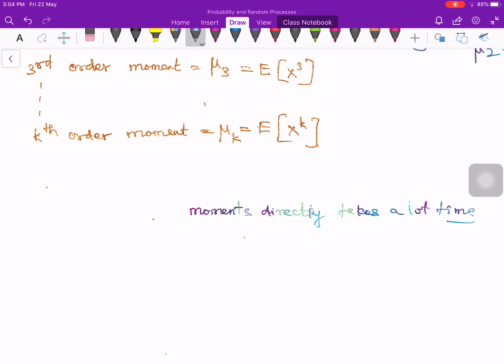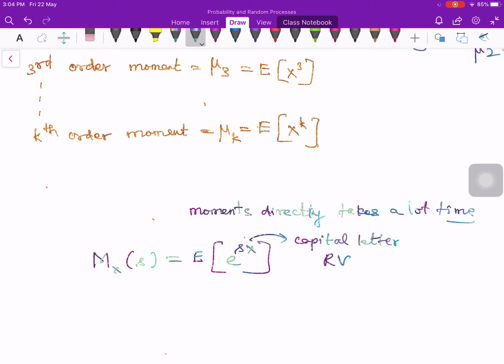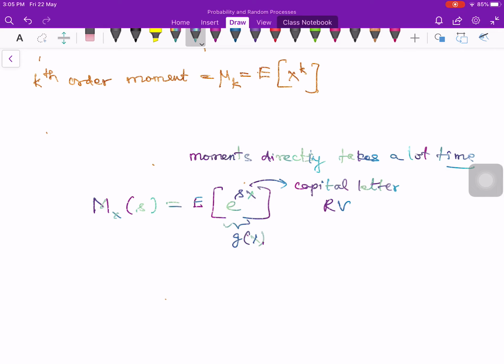As I said, the characteristic function is denoted by m sub x of s. So it is defined as the expected value of e to the sx. And this x is a capital letter, it's a random variable. You can think of this as g of x, and we know how to find the expected value of g of x.